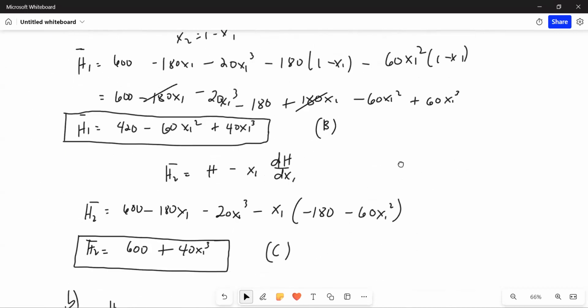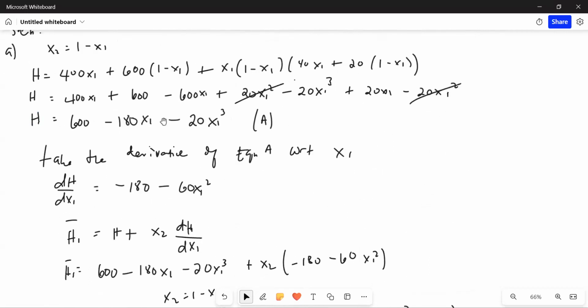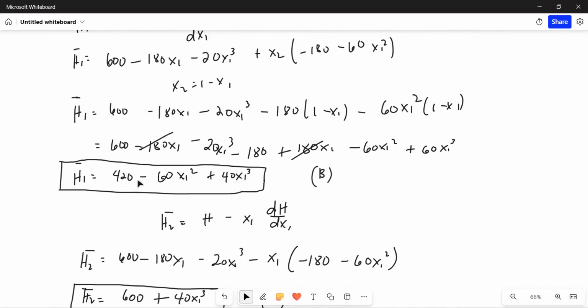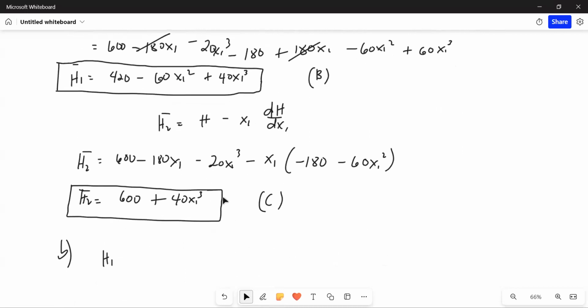We can use either equation A or equation B, by replacing x sub 1 with 1. So let's first use equation A.